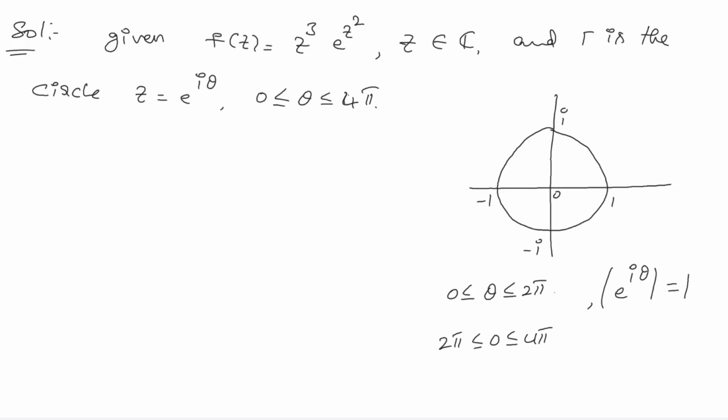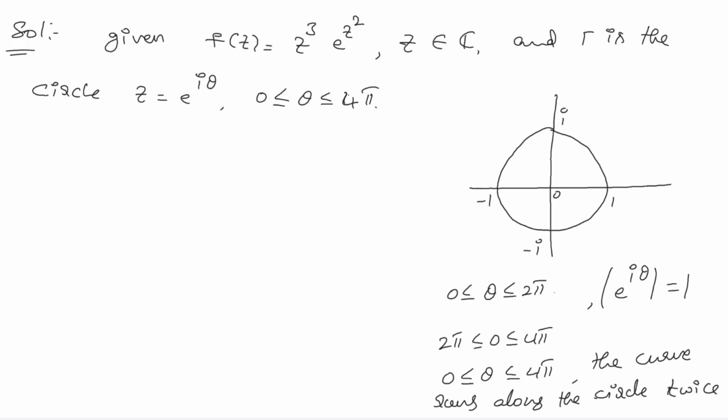That means when you run the value of theta from 0 to 4 pi, the curve gamma runs along the circle twice. That can be seen from these values of theta.